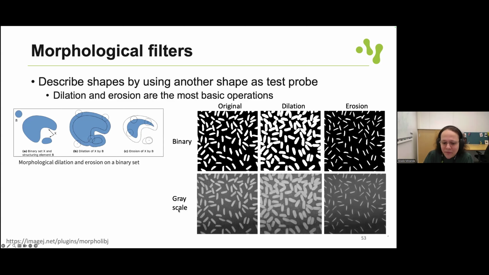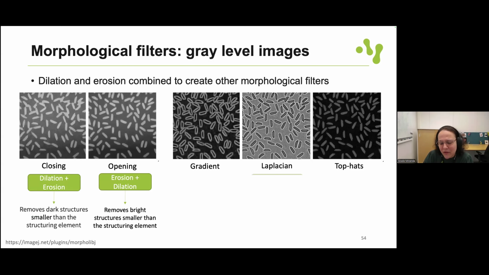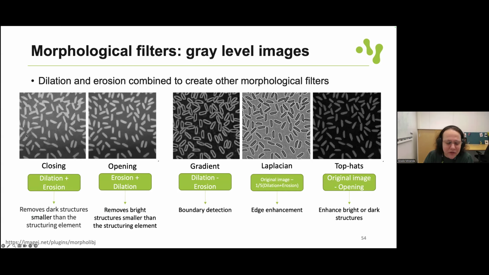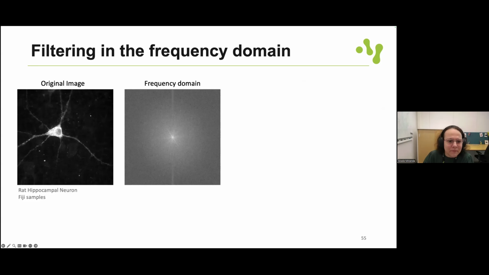These two operators can also be combined to form other interesting effects or pre-processing steps in imaging, like removing dark structures or highlighting bright structures. For instance, gradient is a kind of edge detector as well, and top hat enhances bright or dark structures.